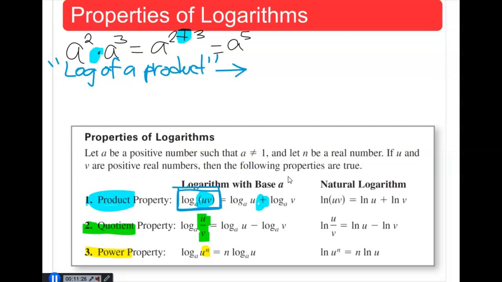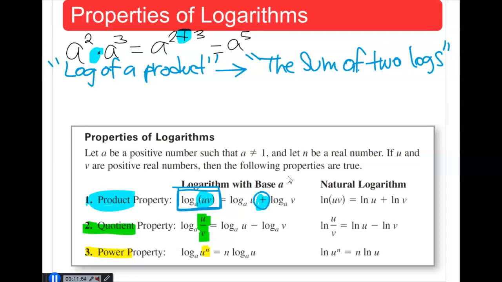and it turns into the sum, or the addition of two logs. And that's a way you can remember it. We're going to do some examples.